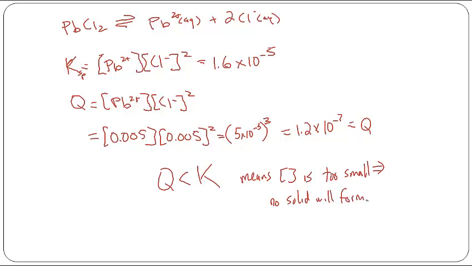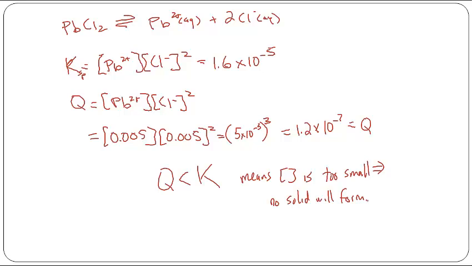So really what happens is the salt continues to dissolve and dissolve and dissolve until the point where you reach your KSP value. And at that point, the solid will stop dissolving.